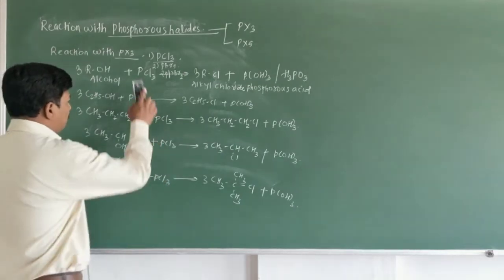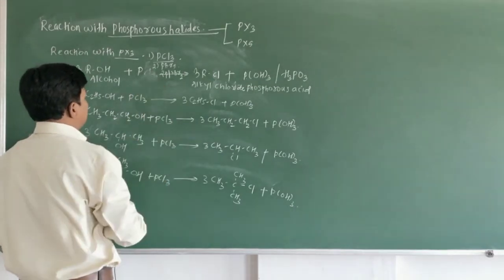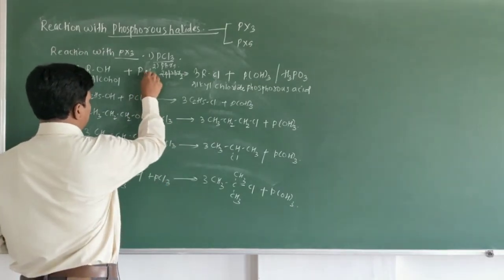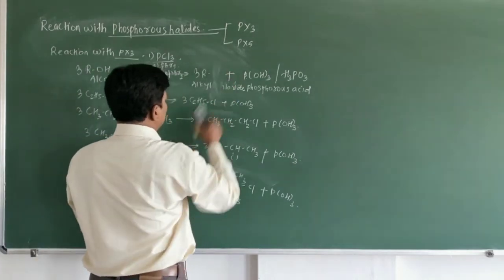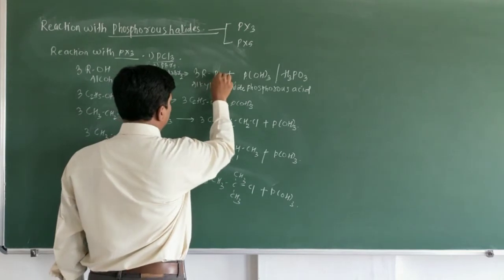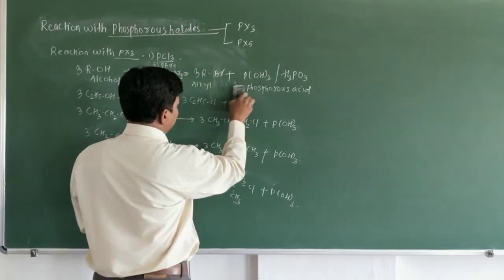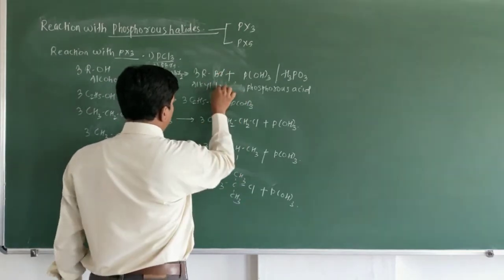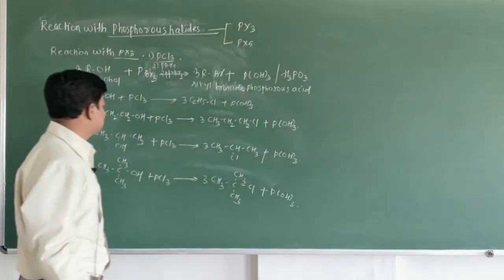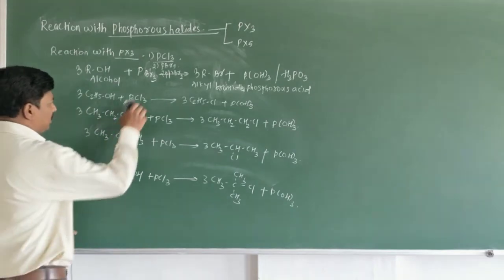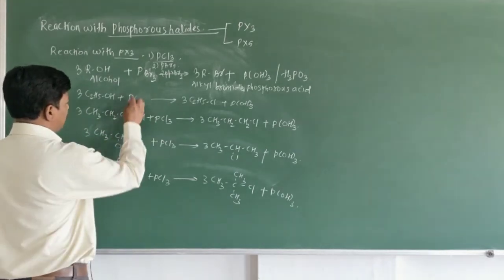When the alcohol reacts with phosphorus tribromide, that is, red phosphorus and bromine, it forms the alkyl bromide. Now in place of PCl3, we have to take PBr3 again.